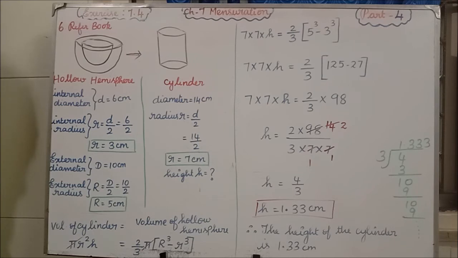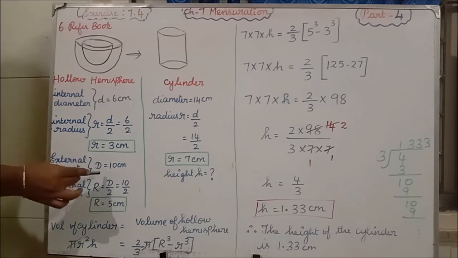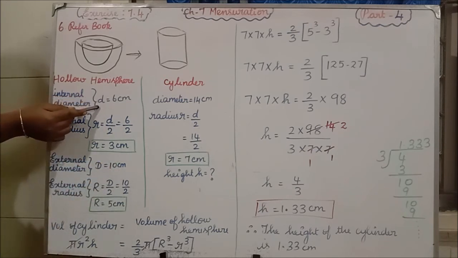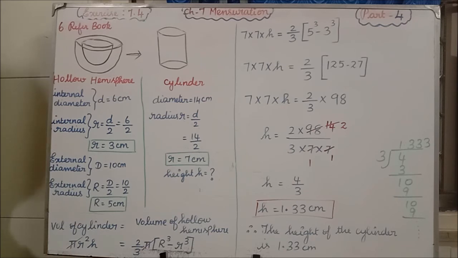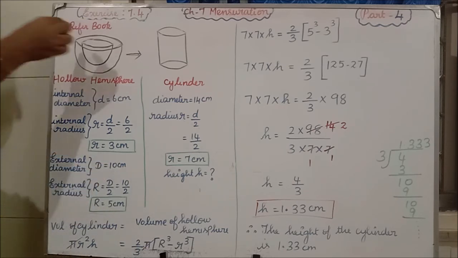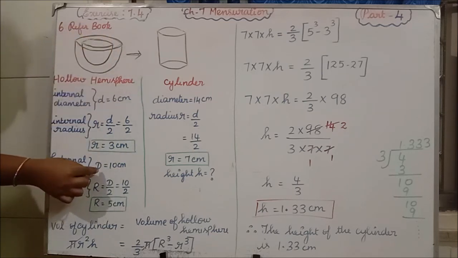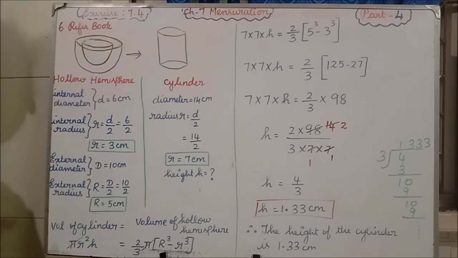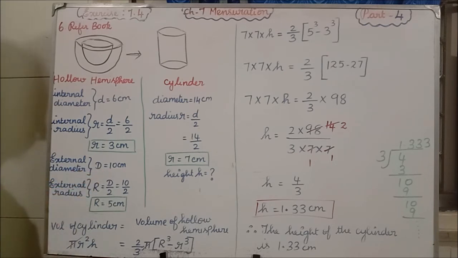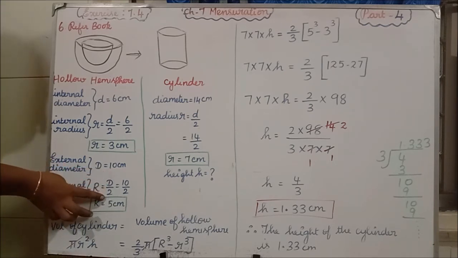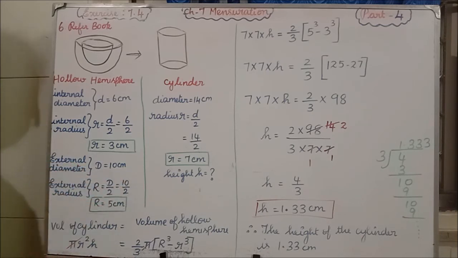Next, external diameter capital D is equal to 10 centimeter; we have taken small d before, now we denote it with capital D. External means the big one, so we are denoting it with capital D. External radius means if here capital D, then here also capital R. So D by 2 equals 10 by 2, capital R equals 5 centimeter.